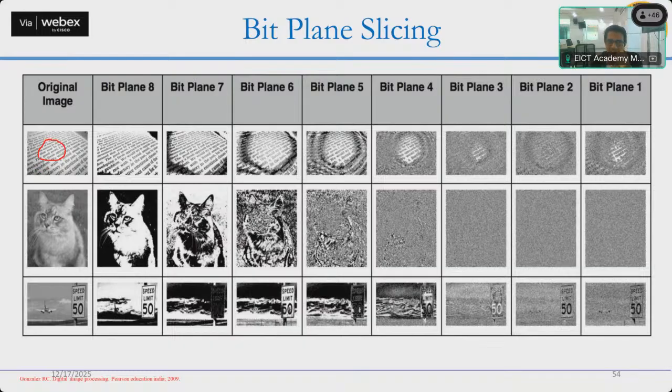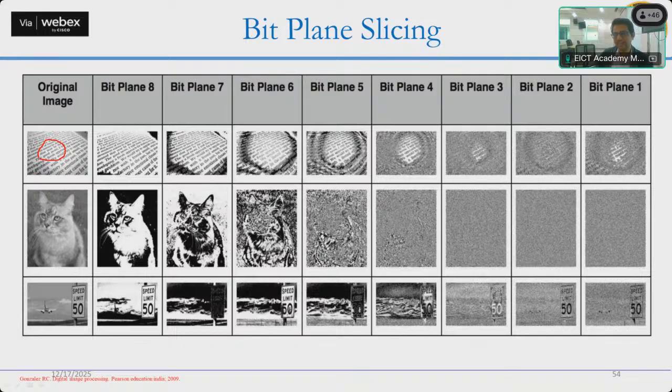This is basically an image of a newspaper, possibly. Can you read what is written in this circle? Any guess, any answer if you are able to see? I hope you see the image as I am seeing it clearly.